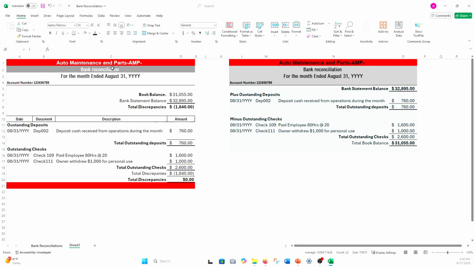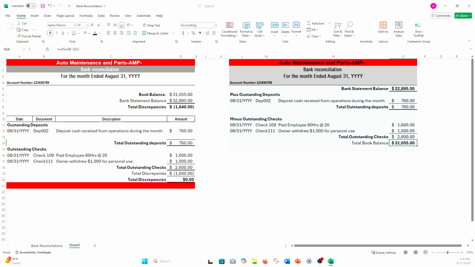So we have the same automated bank reconciliation for the month of August 31, account number, bank statement balance 32,895. Since we don't have this money there, we had to add it up. So plus outstanding deposit 760, minus the checks that haven't cleared, 2,600.